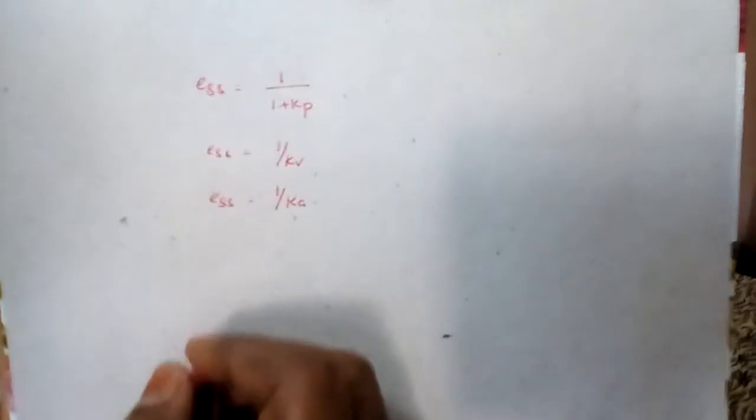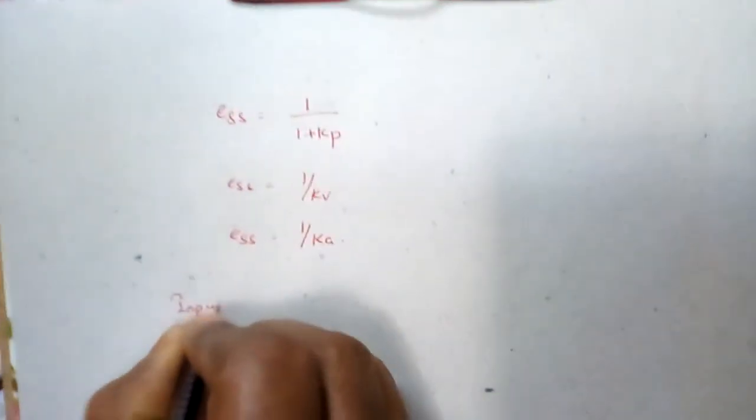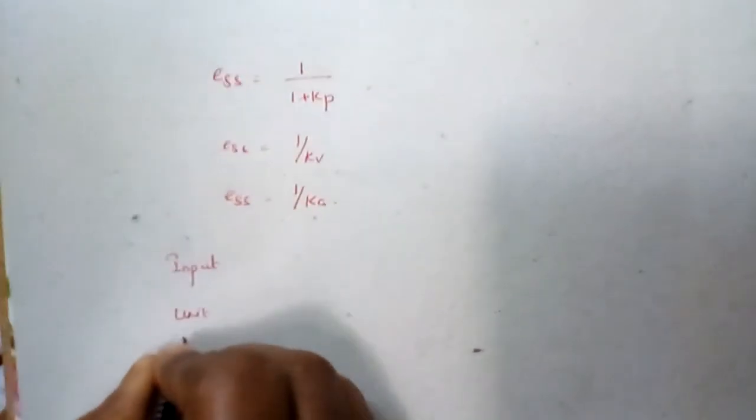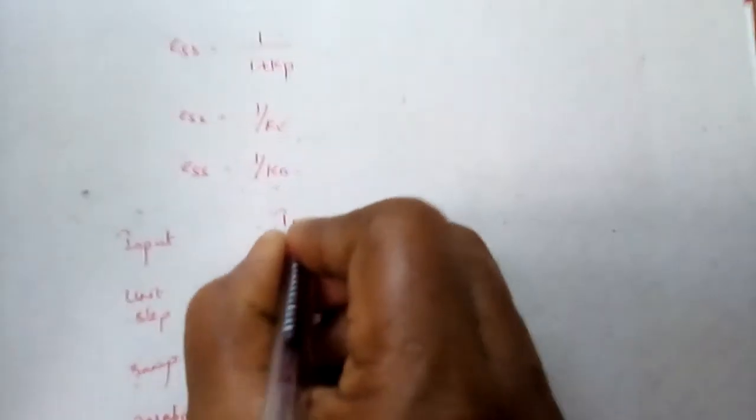So for the provided inputs, if the inputs are unit step, ramp and parabolic, and if it is a type 0, what type of error is there?